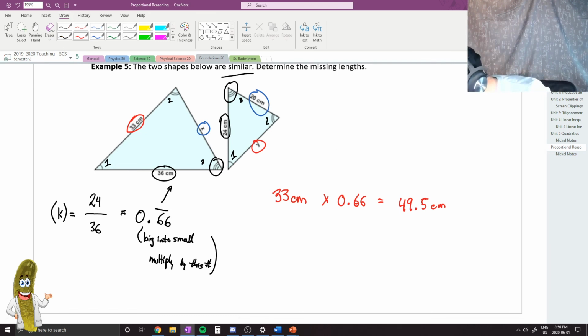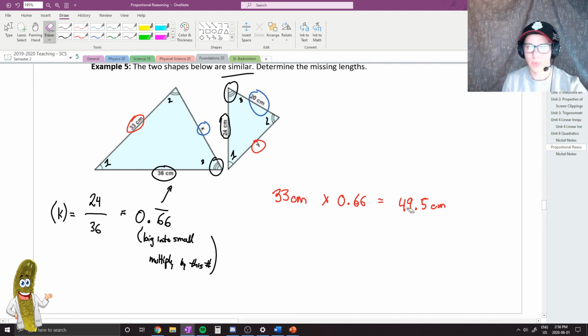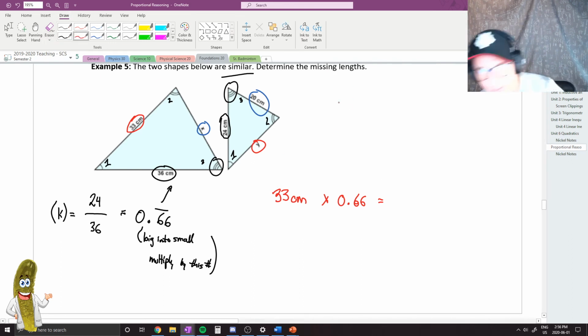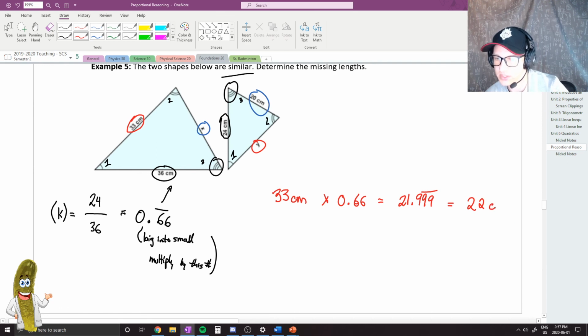What did I do? Oh, I did divide it. That's why. 33 times 0.66, and you end up getting 21.999, which I'm just going to convert into 22 centimeters.